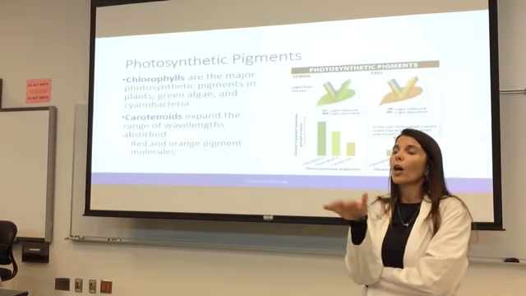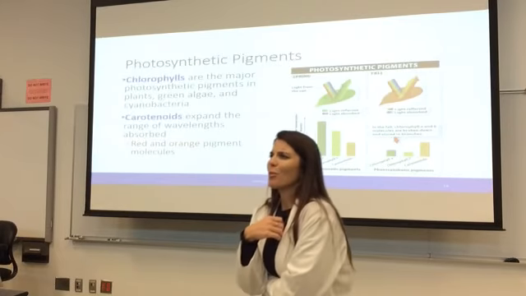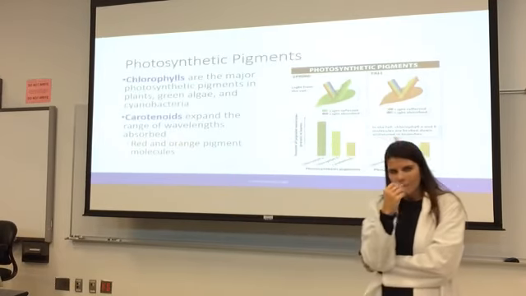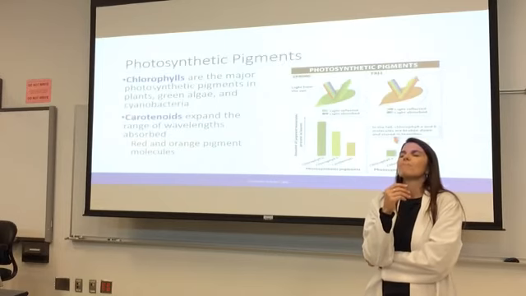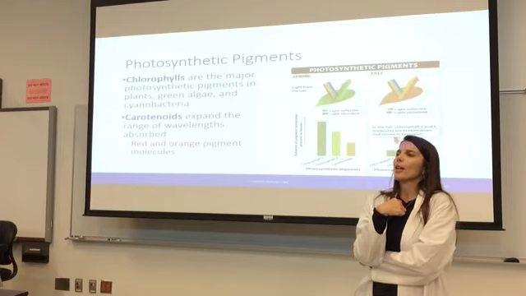So now that you know that, which wavelength or what color of light would plants grow the best in? Okay, the 5 to 550. Any other takers?